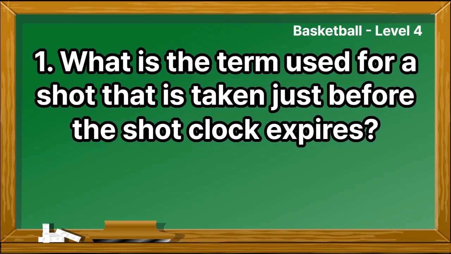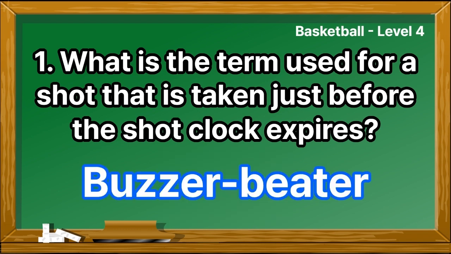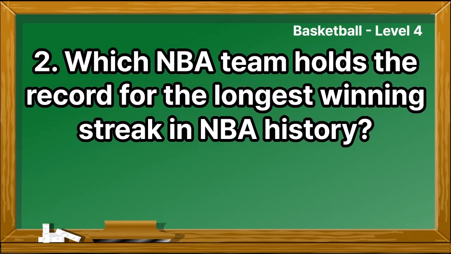What is the term used for a shot that is taken just before the shot clock expires? Buzzer beater. Which NBA team holds the record for the longest winning streak in NBA history?